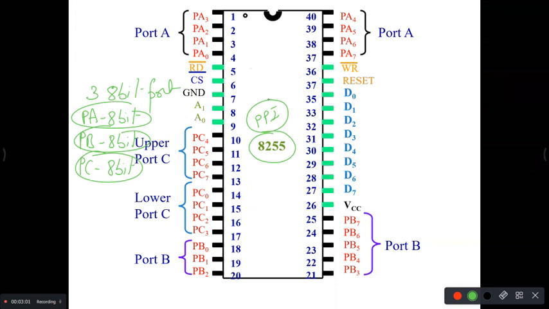You have ports here, right, in Dubai? It receives the data and sends the data. In a similar way, port A can send 8-bit data, and it can also receive 8-bit data. Similarly, port B can send 8-bit data and can also receive 8-bit data. So this data exchange will happen through the ports in this programmable interface.